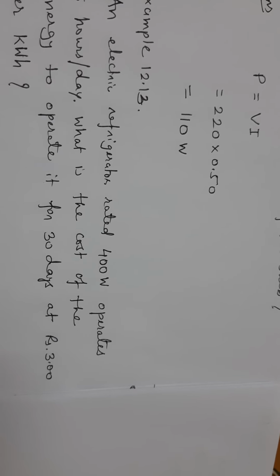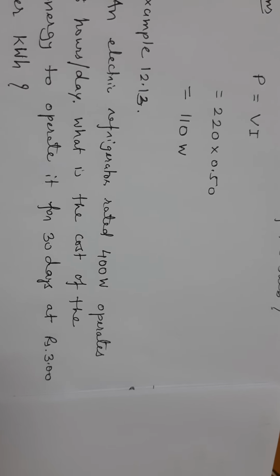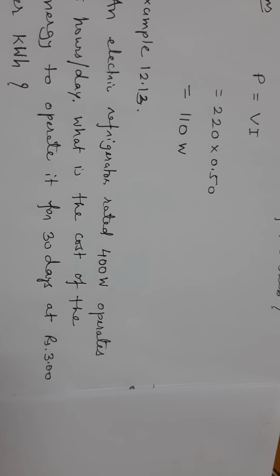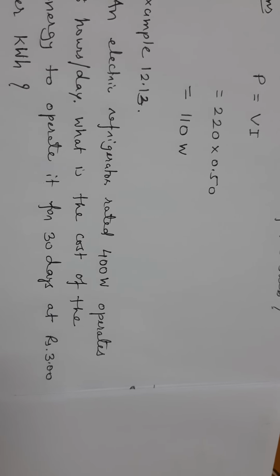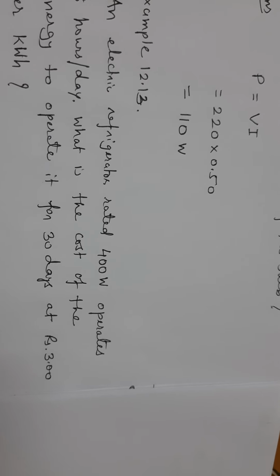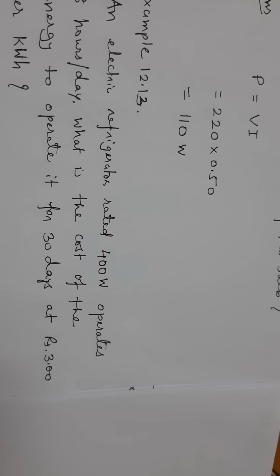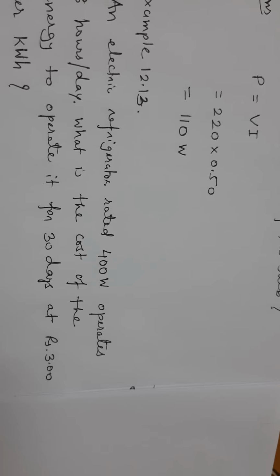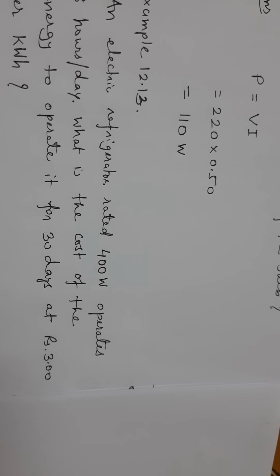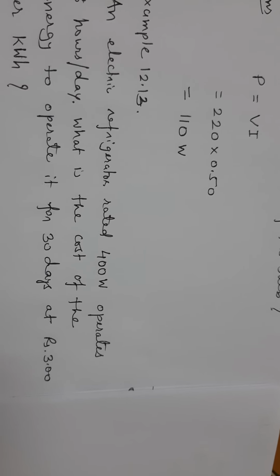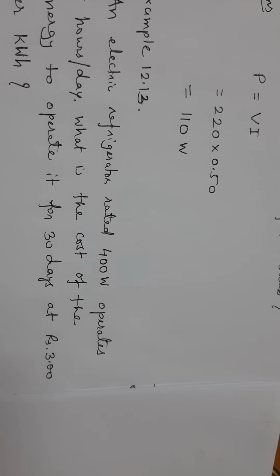For example, a fan consumes around 60 watt. That means if it is kept on for 1 hour, consumption will be 60 watt. Depending upon the rating, you can judge how much will be the consumption for 1 hour. And you can even prepare your advance bill, what may be the bill this month, or how many units of electrical energy we will be consuming this month.